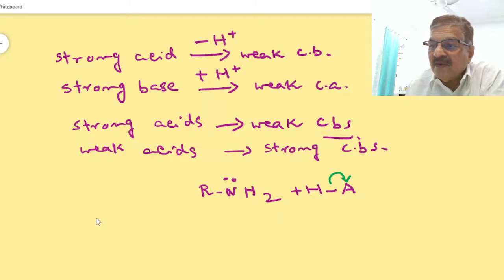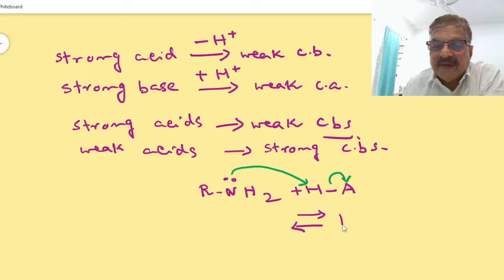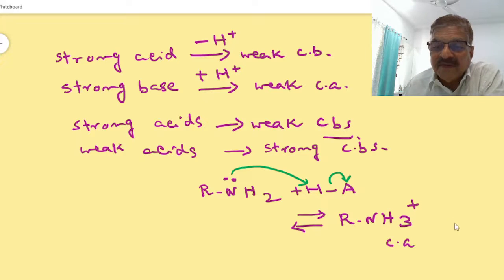The lone pair takes the proton. So what will be the type of reaction here? Equilibrium arrows. We get RNH3+, which is the conjugate acid, and A minus, which is the conjugate base.